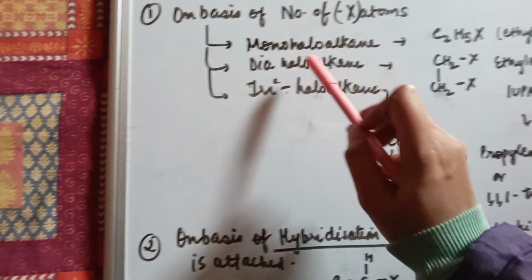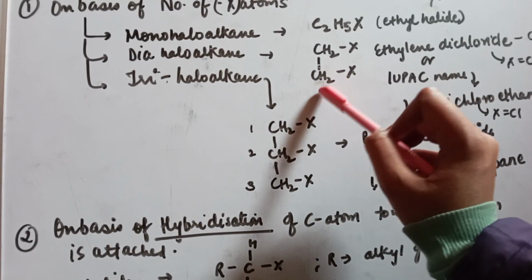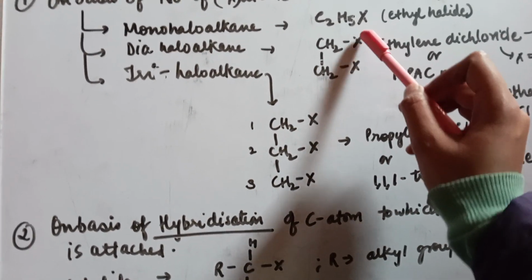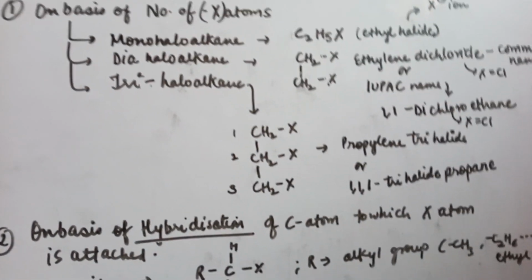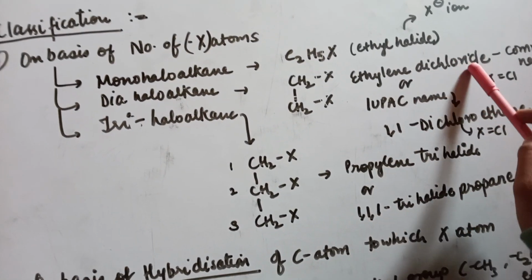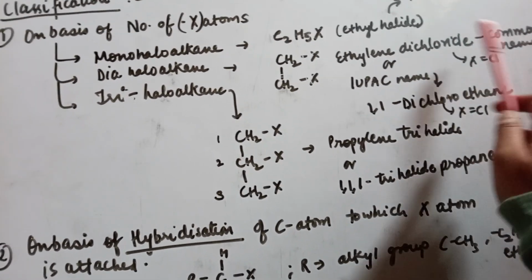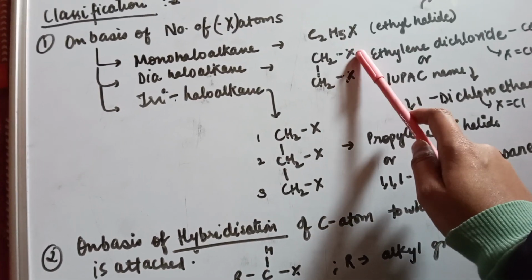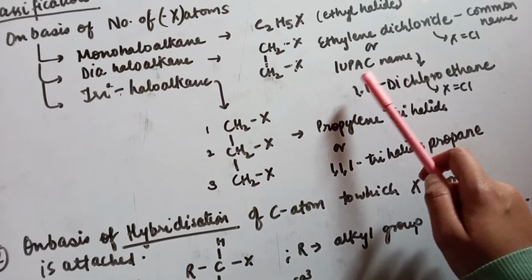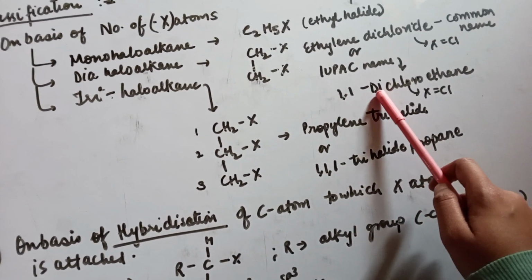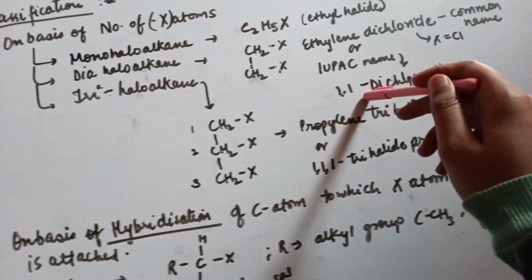In dihaloalkanes, we have two halogen atoms attached to an aliphatic hydrocarbon. Like ethylene dichloride, which is its common name. If this X represents a chlorine atom, we would refer to it in the IUPAC name as 1,1-dichloroethane.